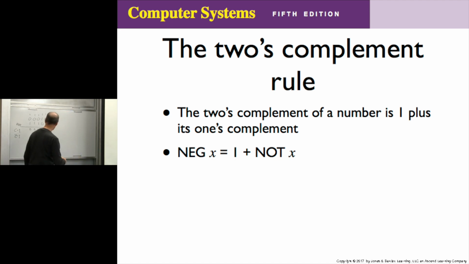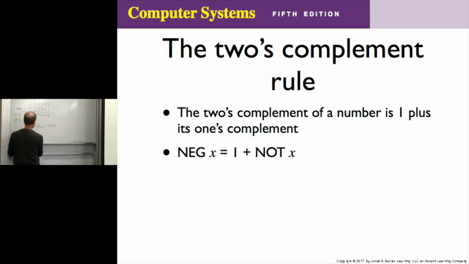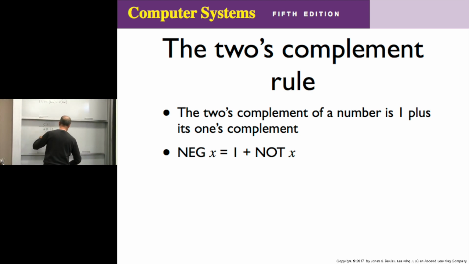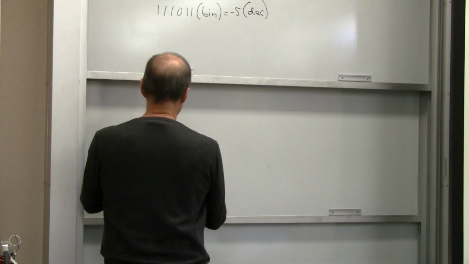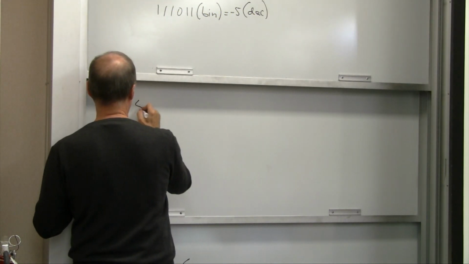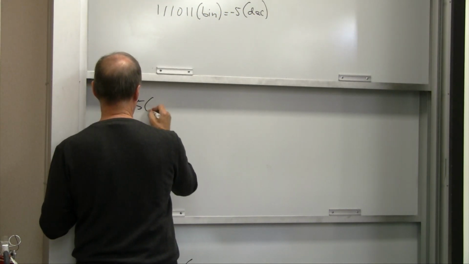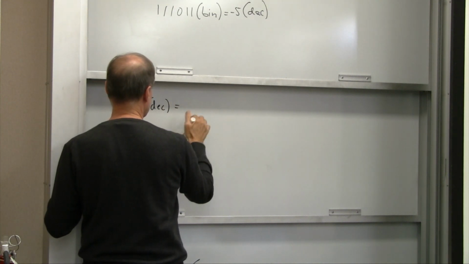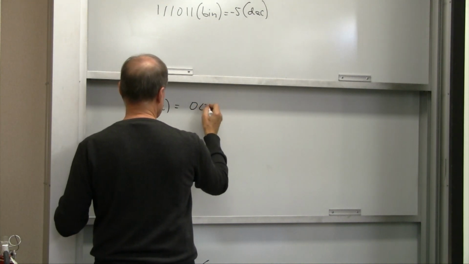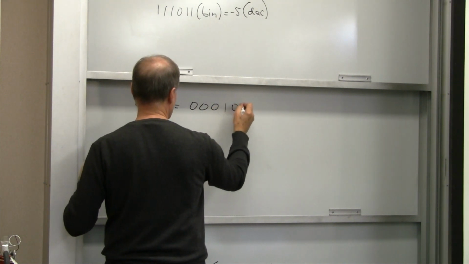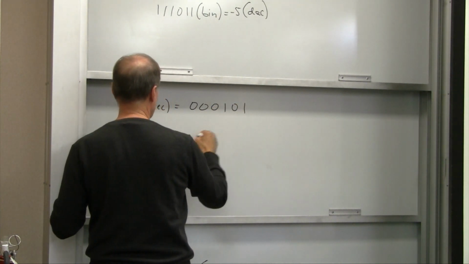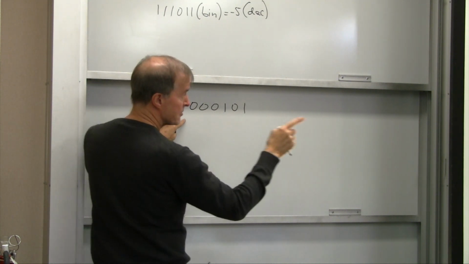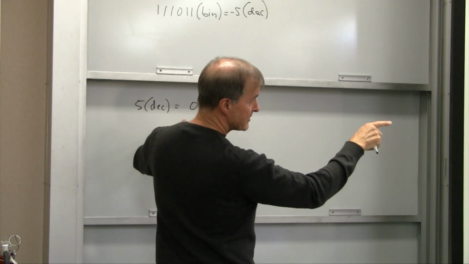So look, here's how it worked in this particular example. What did we say 5 decimal was? 000101. So yeah, that's 5. And what does this rule say to do?